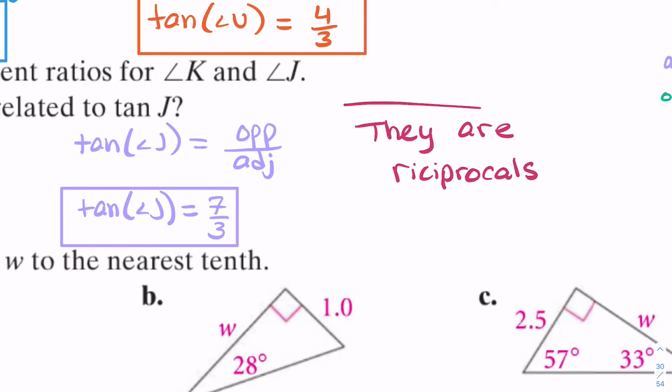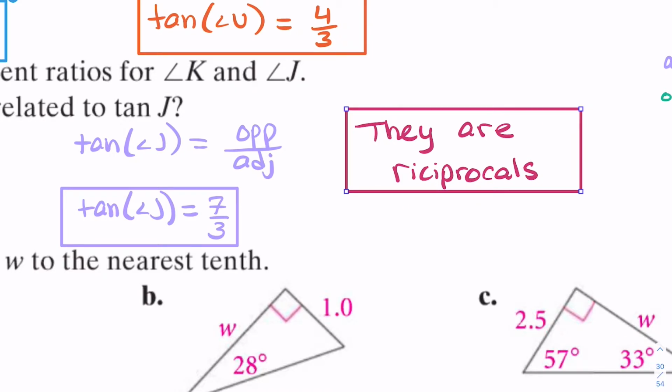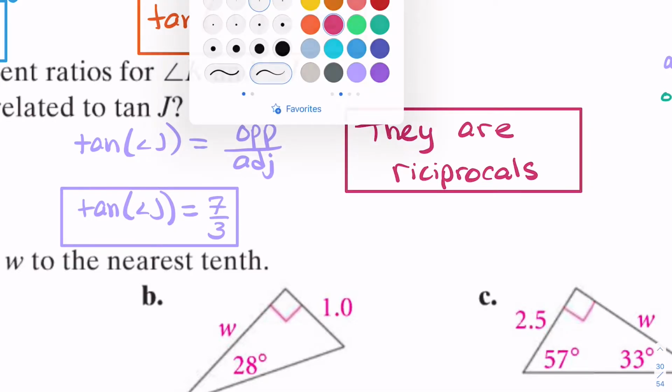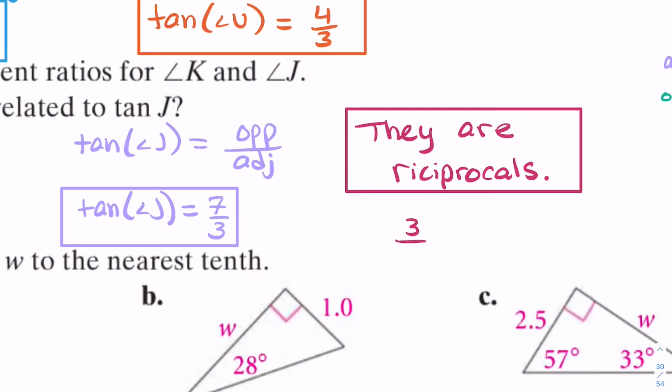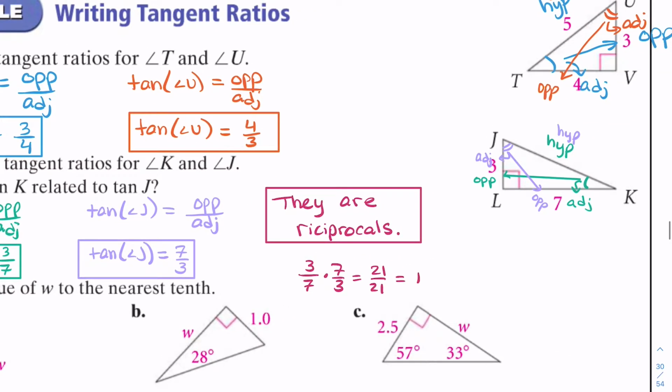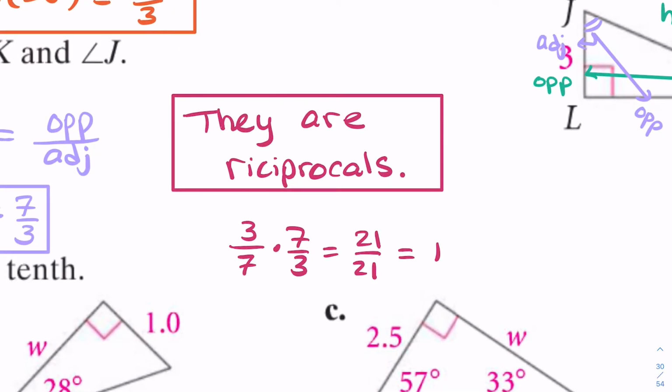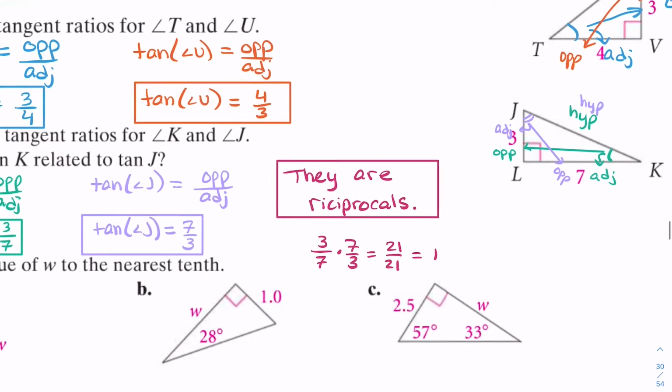So they are reciprocals. But what does that mean? That means if you do 3/7 times 7/3, you get 21/21, which is 1. So they multiply to be 1, but the reciprocals are the flip of one side. When you found perpendicular slope, you flipped one of them, and that was called a reciprocal, an opposite reciprocal for perpendicular slope.